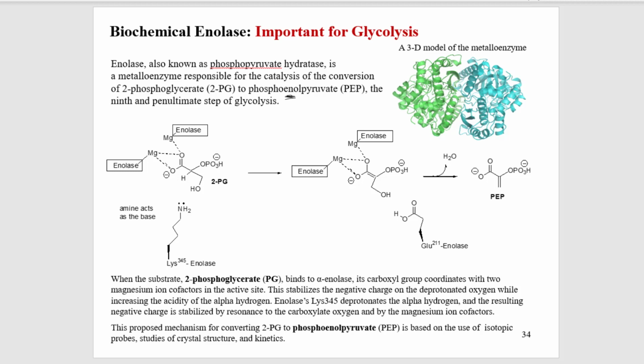Here's the 2-PG molecule, and it binds to the alpha enolase. You can see this nitrogen here. The amine acts as a base. So the enolase amine is our base, and that's what deprotonates at the alpha position.